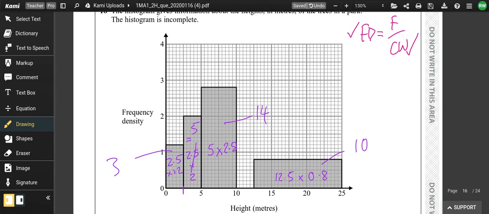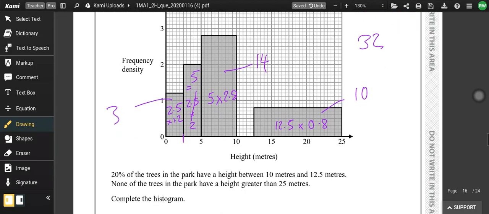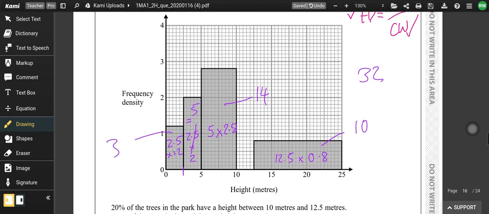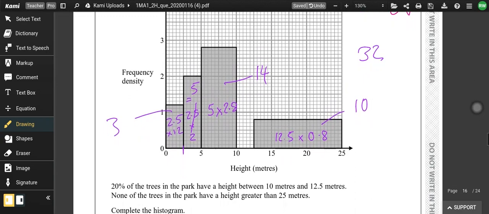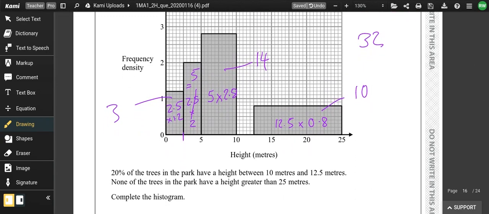So we've got 10, 14, 5, and 3. 10 plus 14 plus 5 plus 3 is 32. So we've worked out all of the frequencies of those bars, and it says 20% of the trees lie between 10 and 12.